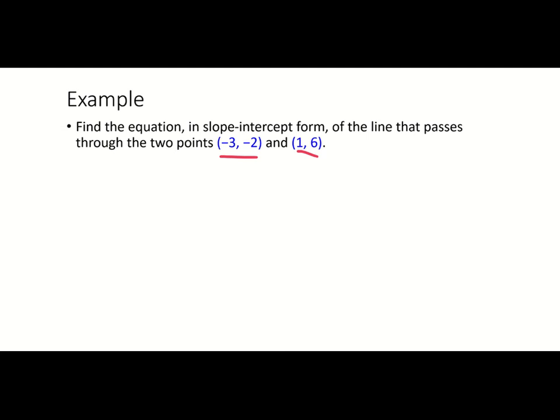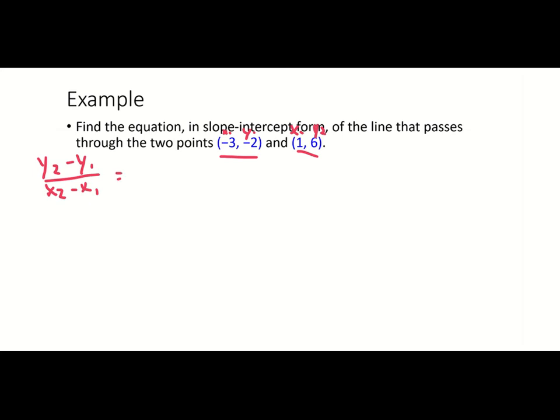So what we're going to have to do first is, using our slope formula, y2 minus y1 over x2 minus x1, we have to find the slope of our line. So again, you can label them if you want: x1, y1, x2, y2. I know that's a little small.